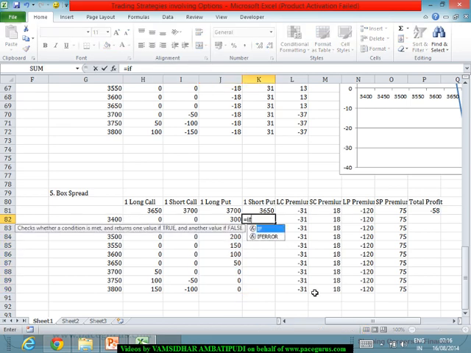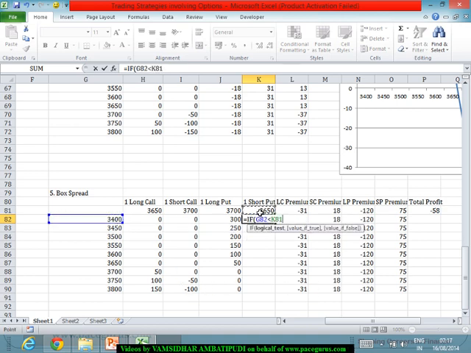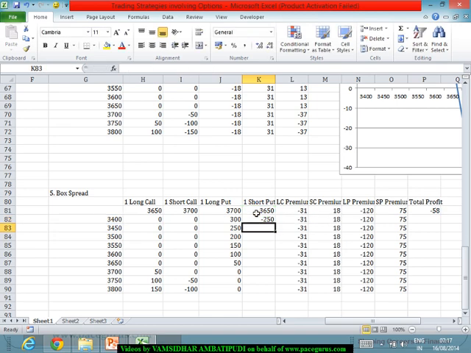Similarly in case of a short put, the same logic. If the market price is less than the strike price, the loss is mounting for the short position because the long would be exercising the put. So the loss would be mounting to the short to the extent of this. Otherwise there will not be any kind of loss potential.